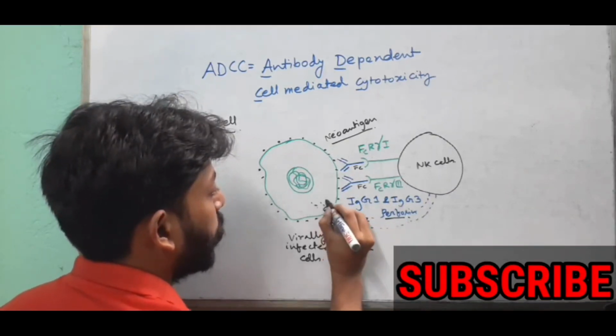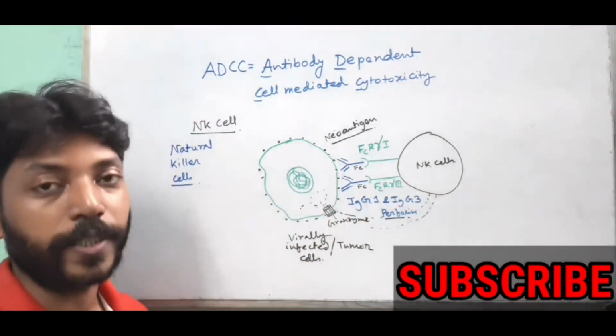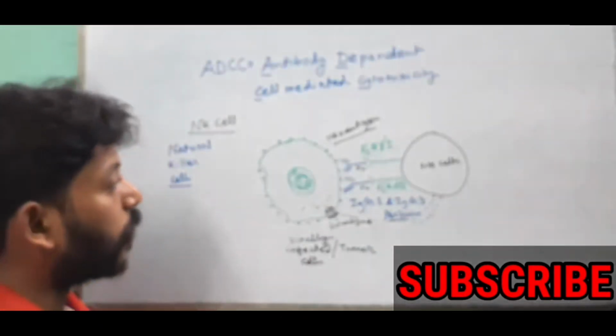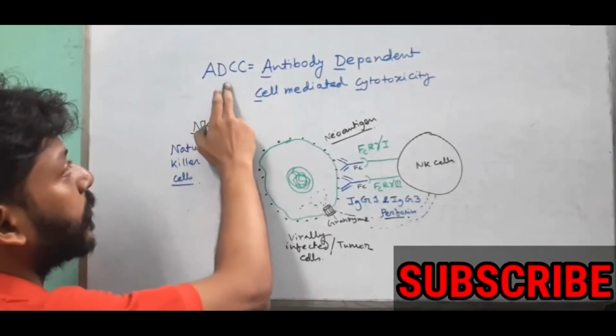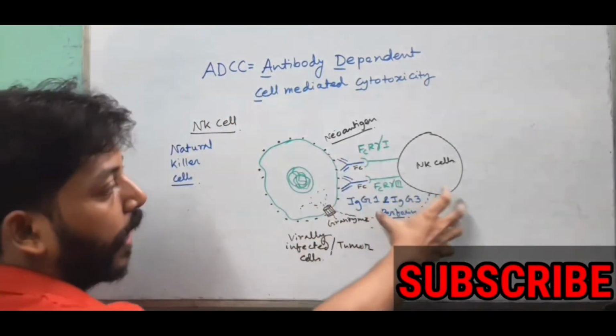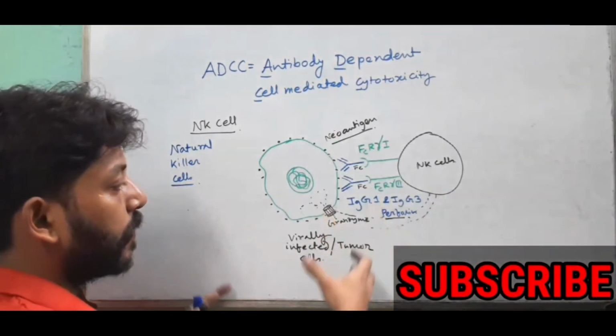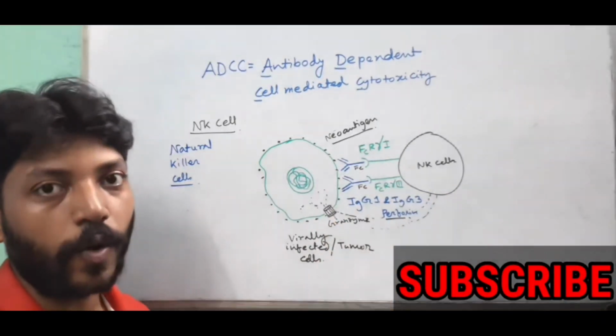So now the granzyme enters into the cell and can digest the cell. So this means cytotoxicity. So this is all about antibody-dependent cell-mediated cytotoxicity. Here antibody and NK cell perform coordinately to kill the virally infected cells or tumor cells.